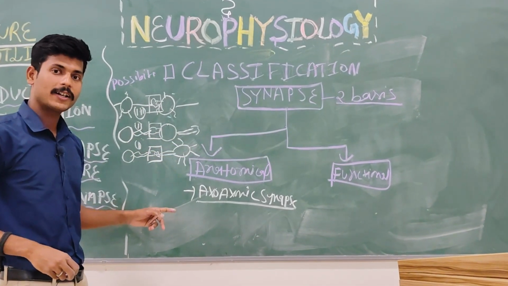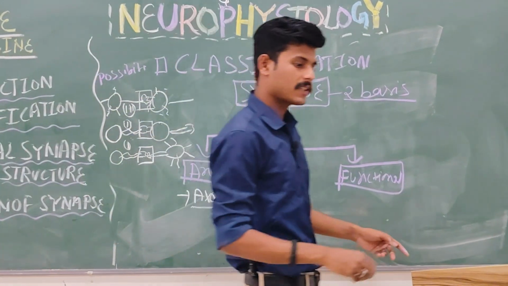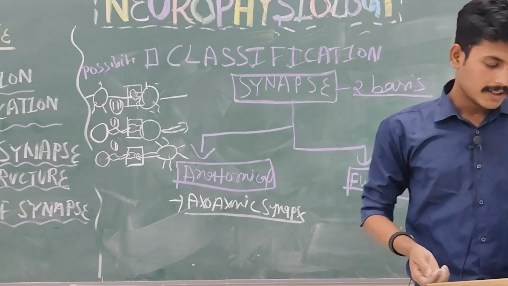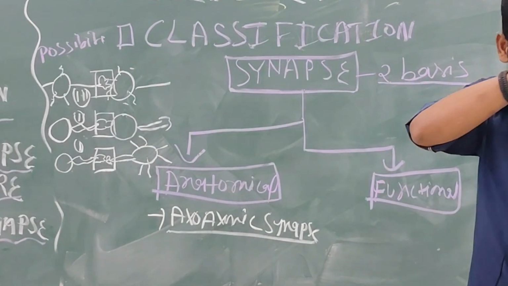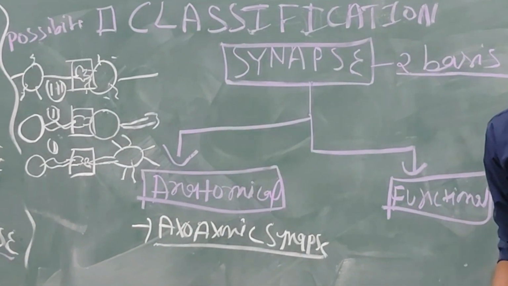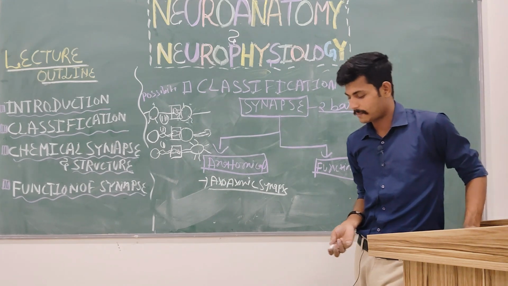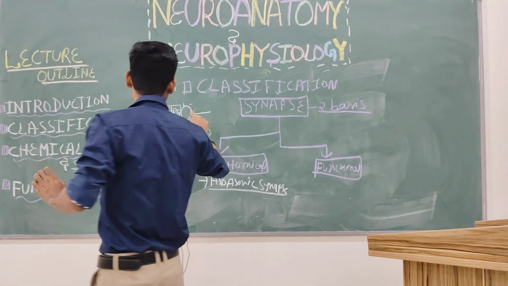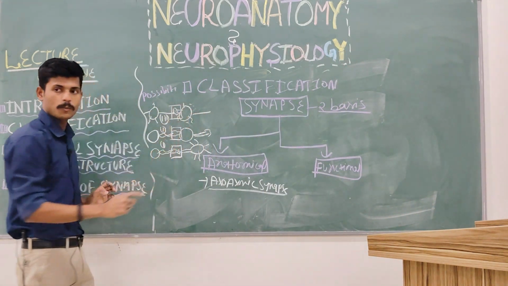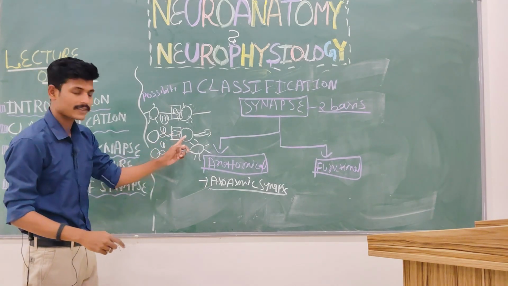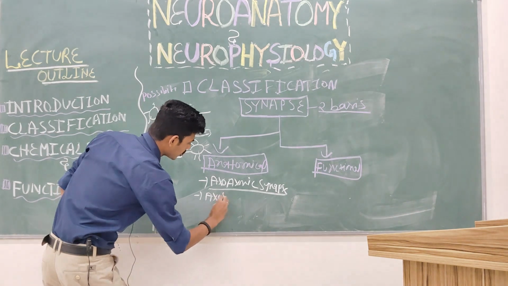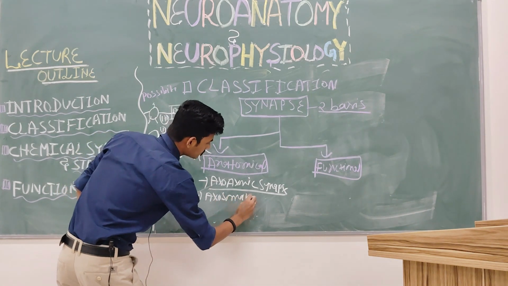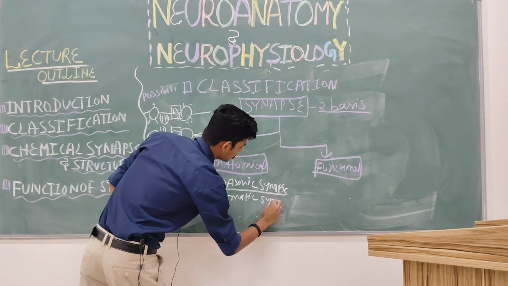So that kind of classification we refer to as an axosomatic synapse, because they are relying on the soma. Cell body is also known as the soma, so it is called the axosomatic synapse.